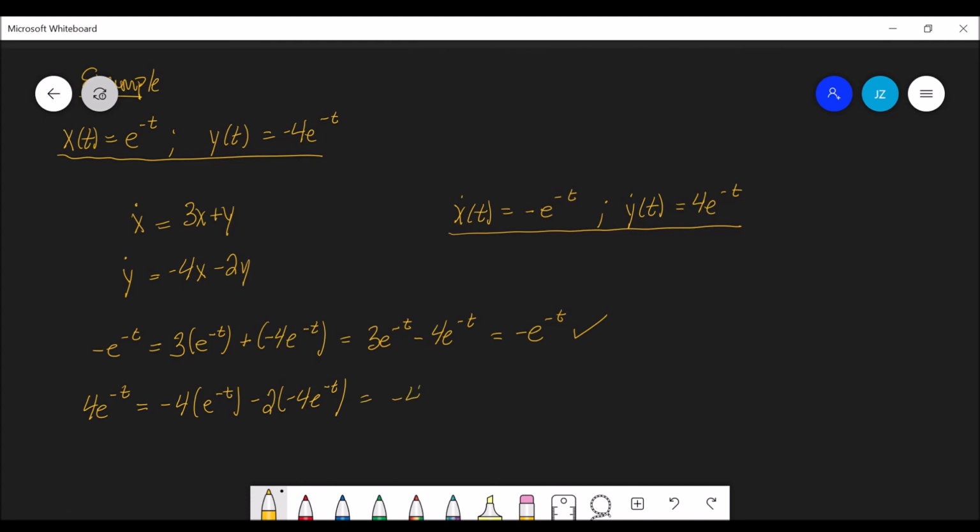So this is negative 4e to the negative t plus 8e to the negative t, which is indeed 4e to the negative t. Since both equations in the system are satisfied, this set, e to the negative t, negative 4e to the negative t, is a solution to the system.